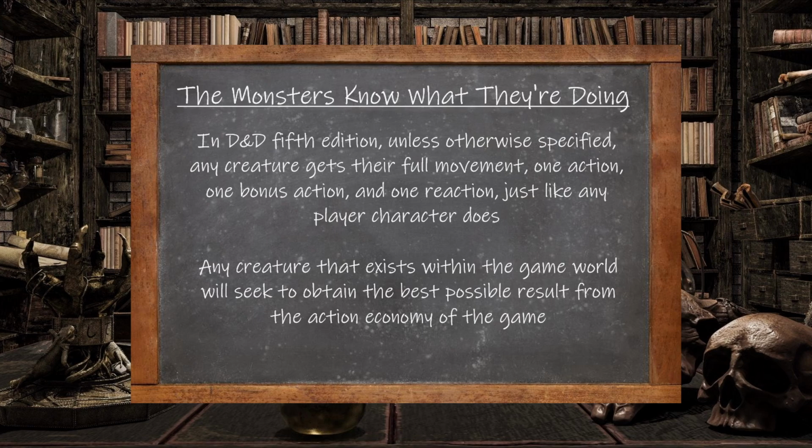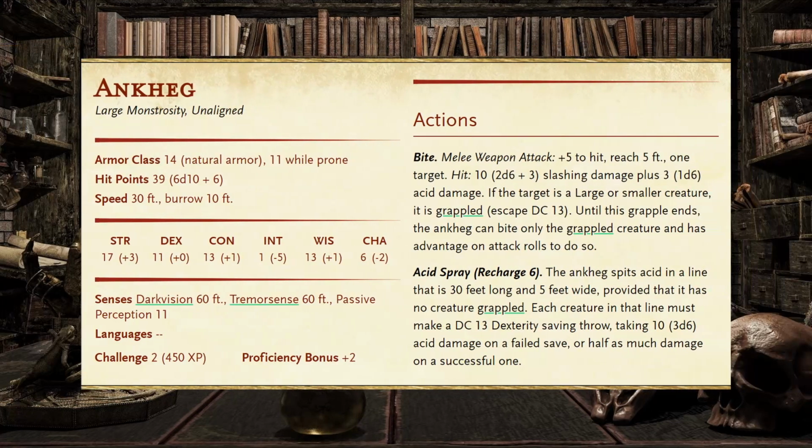This means they'll combine whatever movement, actions, bonus actions, and reactions are available to them for the best possible outcome. When it comes to their action economy, the Ankheg doesn't have a ton going for it in terms of bonus actions, but it can still try to maximize its effectiveness with surprise rounds.